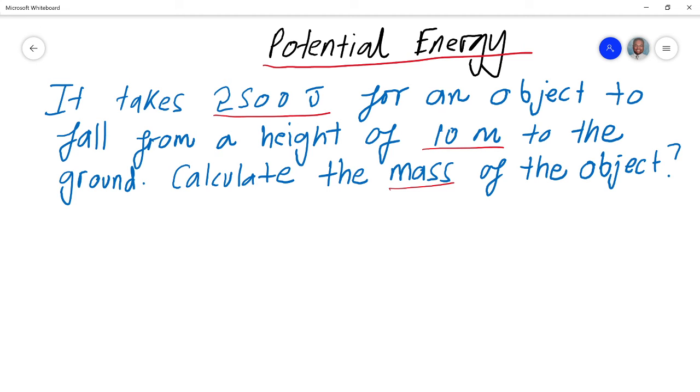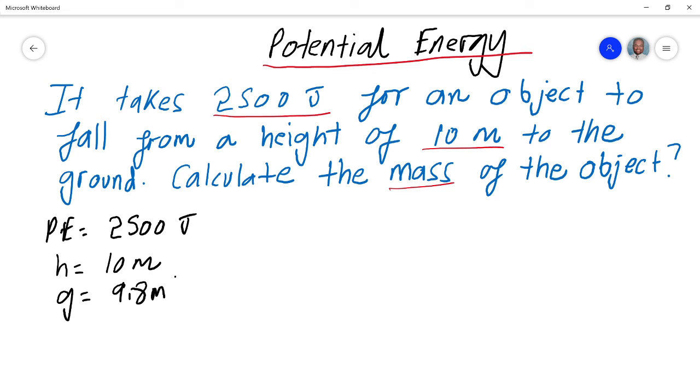So let's write down what information we have. Potential energy is 2,500 joules. What's my height? My height is 10 meters. What's my g? 9.8 meters per second squared. What's my m? That's what we need to find out.